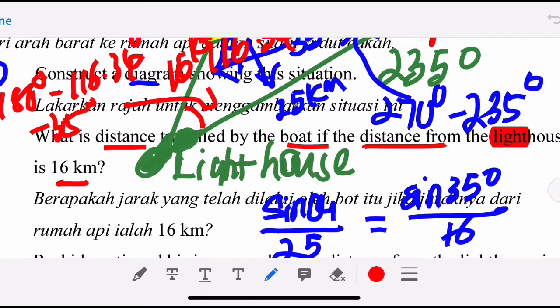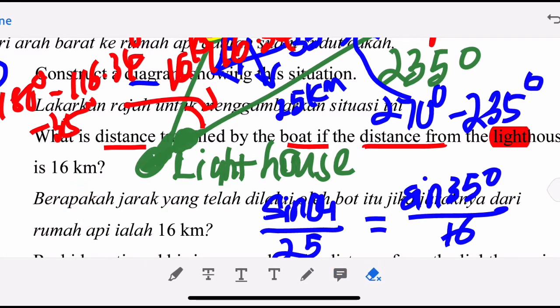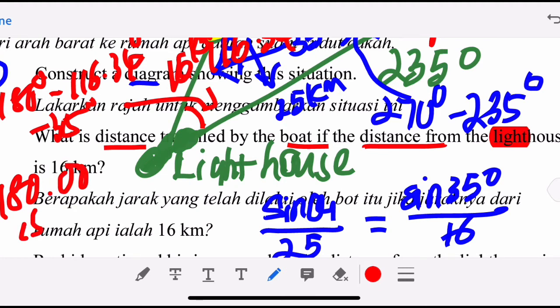This is 116.34. Let's work out the angle first. It's 180 minus 151.34, if I add the two angles. So I get 6 here, right?